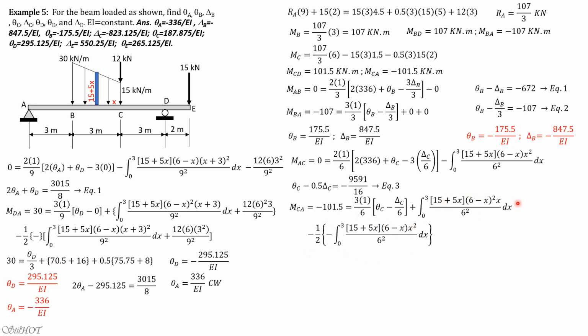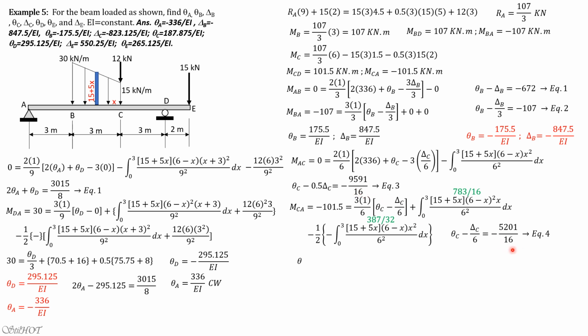But if it is positive here, it should also be positive here. So negative 1/2 times negative is positive. So simplifying, this is 783 over 16. This integral here is 387 over 32. And combining and simplifying, theta C minus delta C over 6 equals negative 5201 over 16, equation 4.